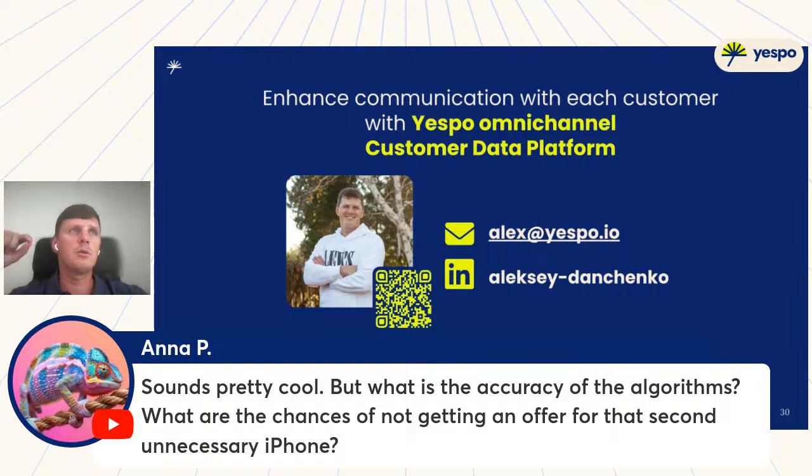And in order to be sure that the technology actually influences your sales, we have A/B tests that are already built within Yespo that you should implement to see which uplift you get from implementing these recommendations. And you really should not bother whether an unnecessary iPhone is recommended.